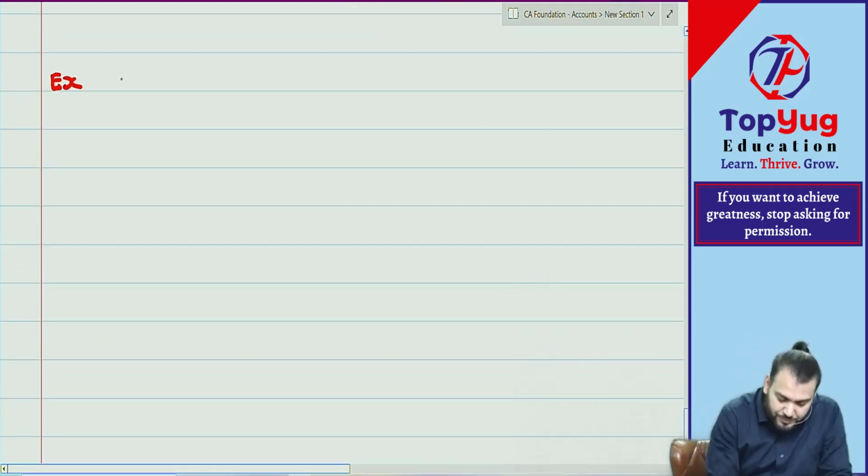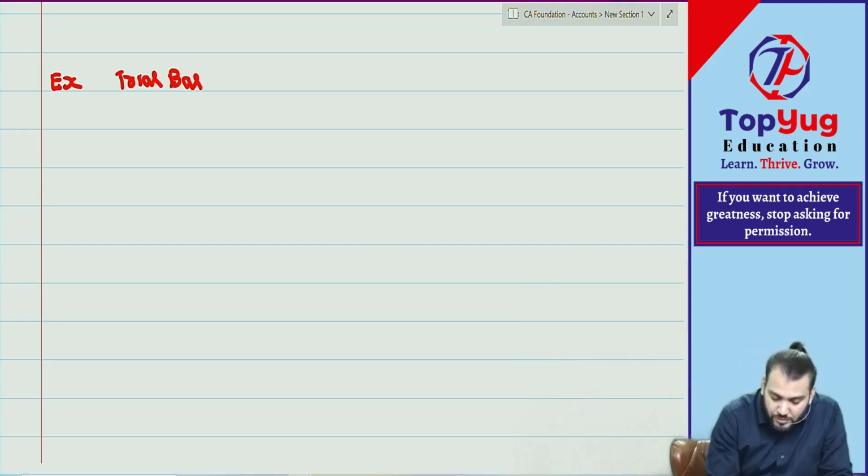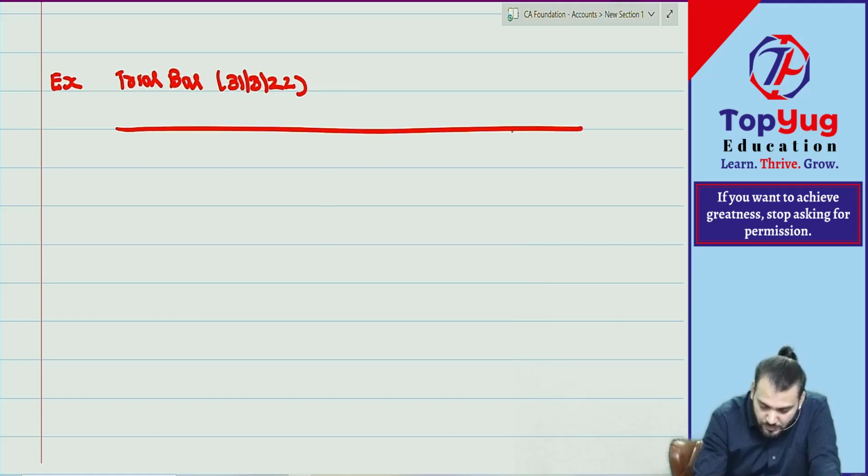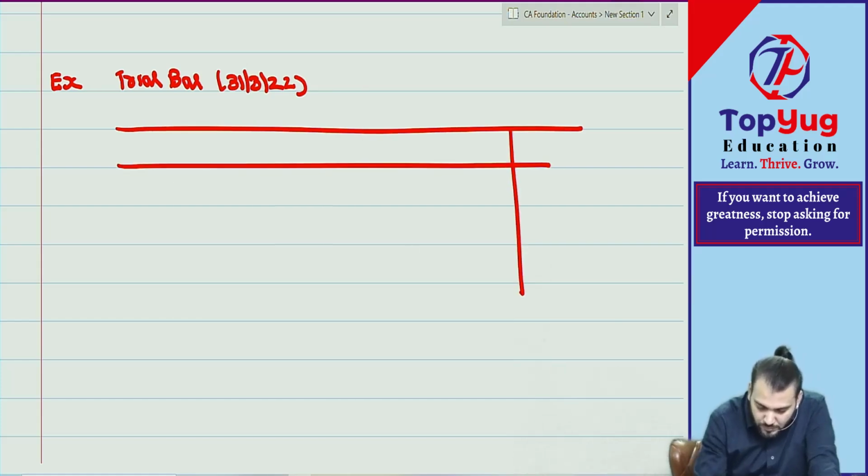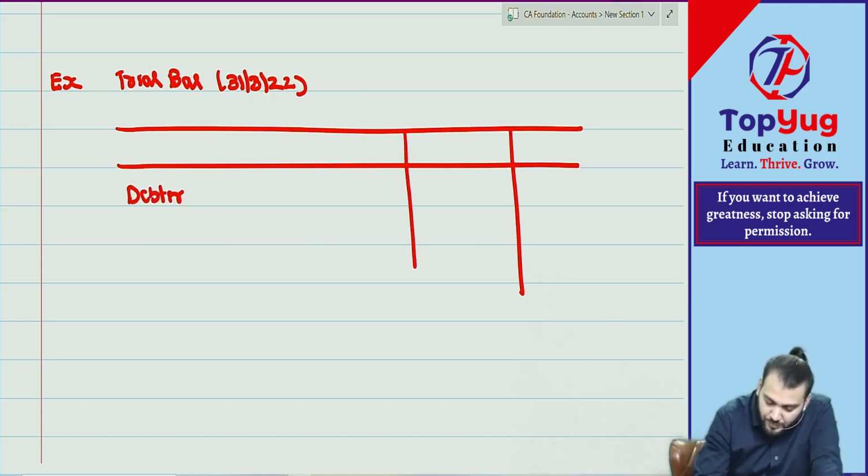Next example. Trial balance, 31st March 2022. Debtor, 5 lakh. Discount allowed, 10,000.